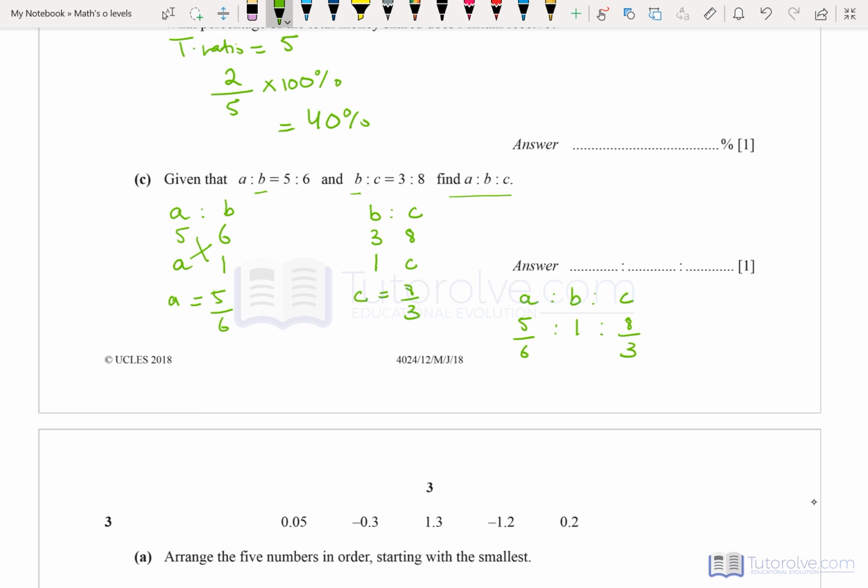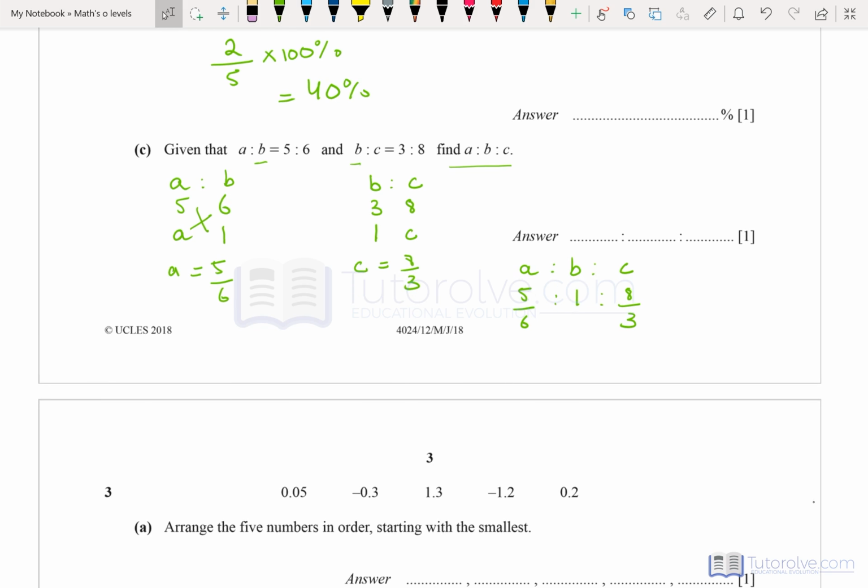So we just need to remove this fraction of A and B. So to do that, we could multiply the whole fraction by 6. What would happen here is, you multiply this whole ratio by 6. When you multiply 5/6 by 6, it comes into 5. 6 into 1 is 6, and 8/3 into 6 would be 2 into 8, which is 16. So this is your final ratio.